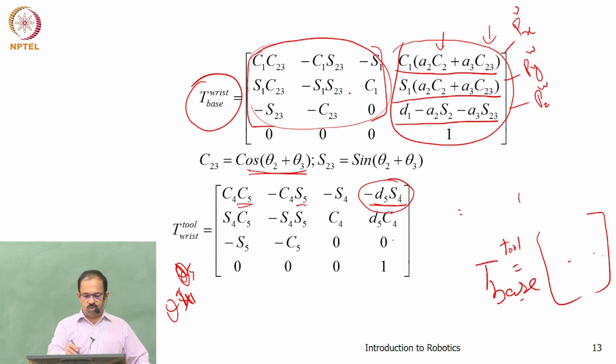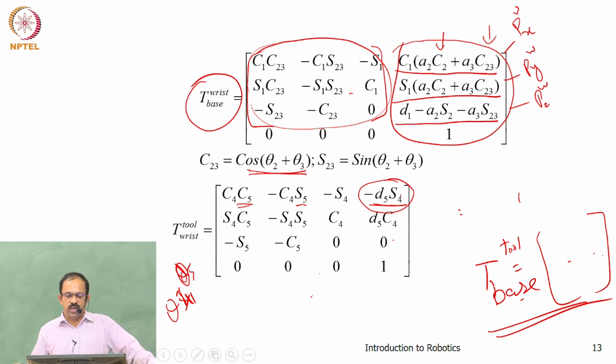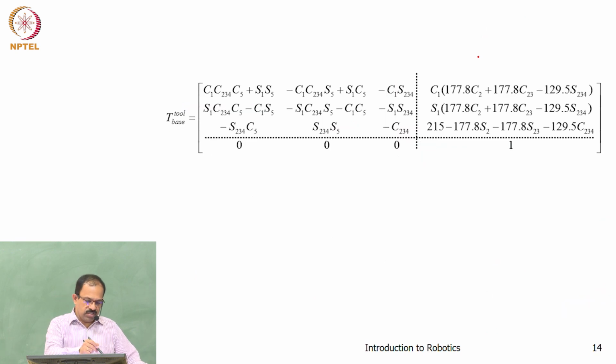You will get the tool to base transformation, which gives you the complete forward relationship of the manipulator. When you do this, the expressions will be slightly longer in this case. So you will get tool to base as this matrix relationship. This is the final transformation matrix between the tool frame and the base frame.